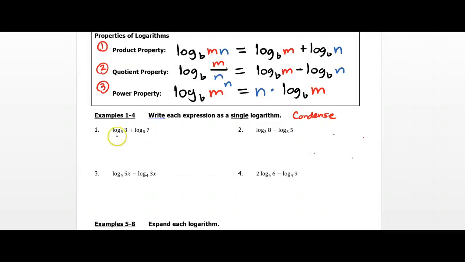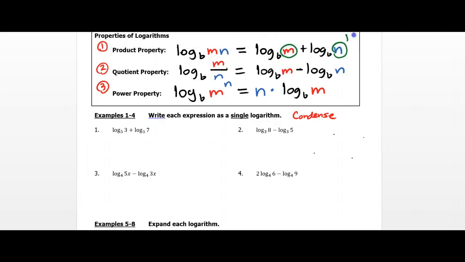So number 1, I have log base 5 of 3 plus log base 5 of 7. Well, anytime you see addition of logs, you know that is probably going to be dealing with your product property. Product property says anytime I am adding two logs with the same base, that is equivalent to taking a single log, same base, and multiplying what are called the arguments. The arguments, and I meant to mention this in the last video and forgot, are simply the m value and the n value.